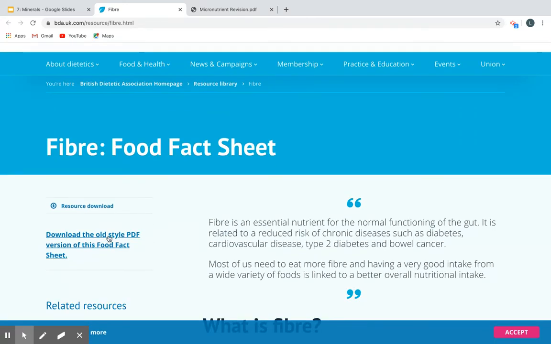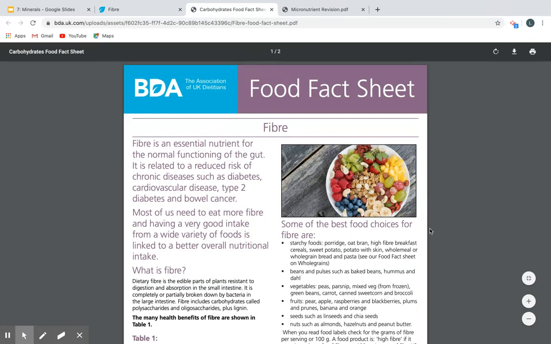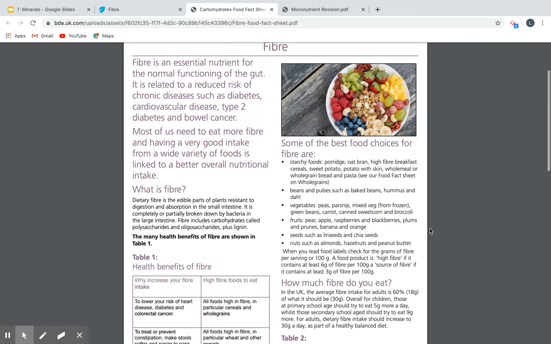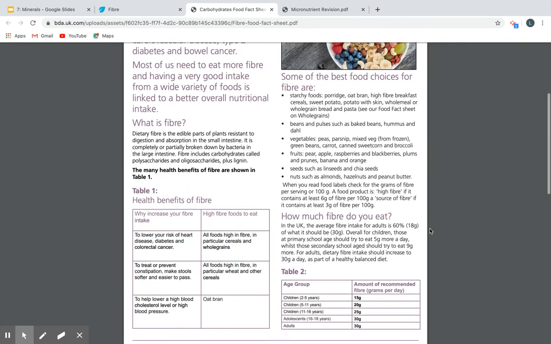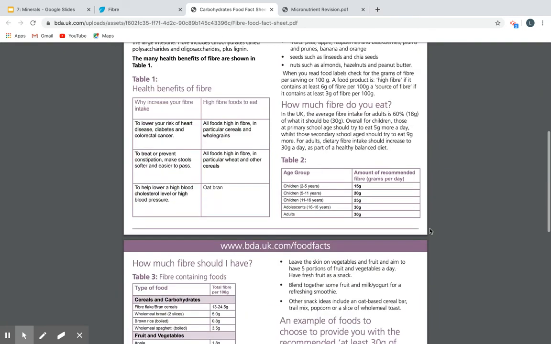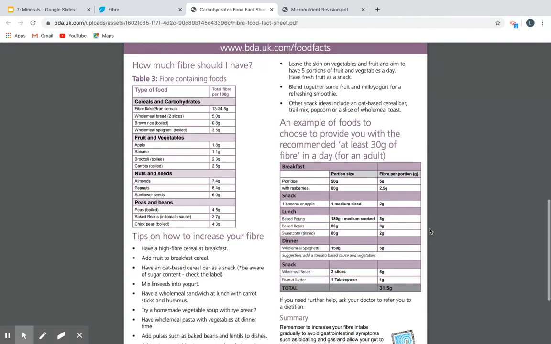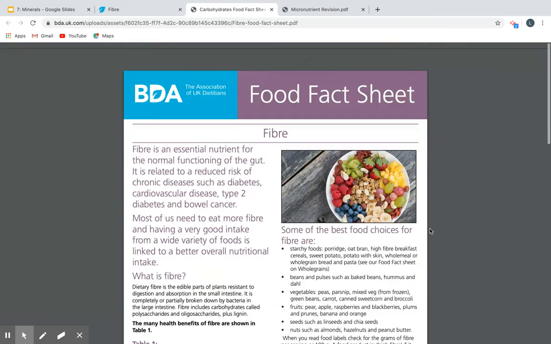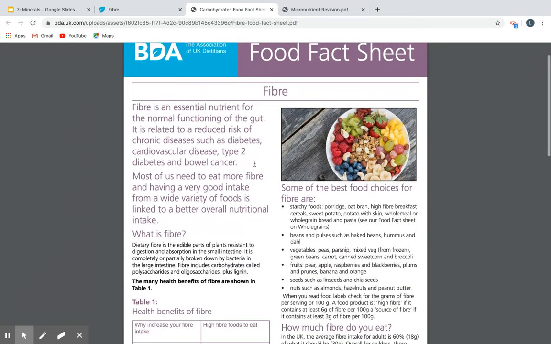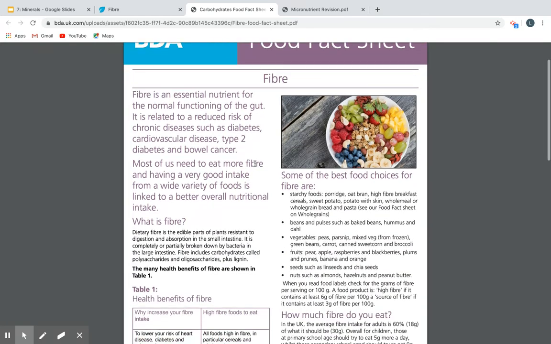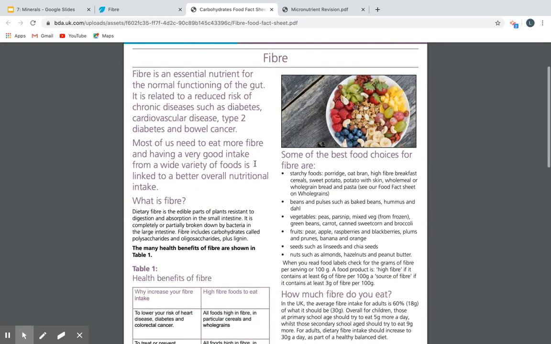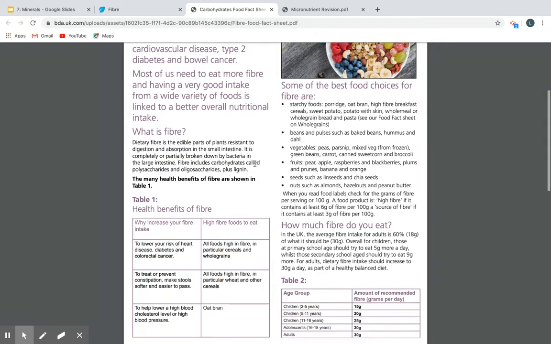There is also the old style version of the fact sheet just over here. And let me see if I can find the soluble and insoluble information to pinpoint it to you. Let me just have a quick read.